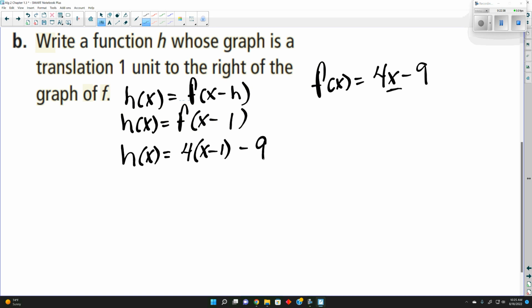Now we just need to simplify. So we would distribute the 4. 4 times x is 4x. 4 times negative 1 would be negative 4 minus 9.